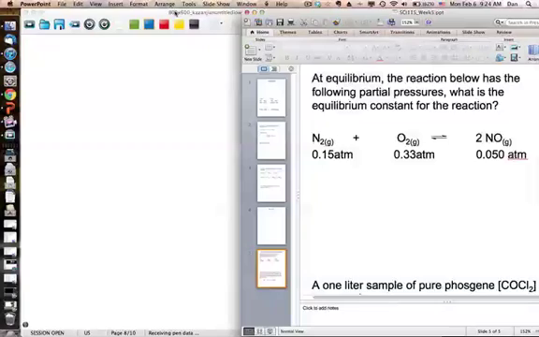So we have N2 plus O2 going in equilibrium with NO2 gas, NO gas. These are all gaseous, and we're given our values in atmospheres.